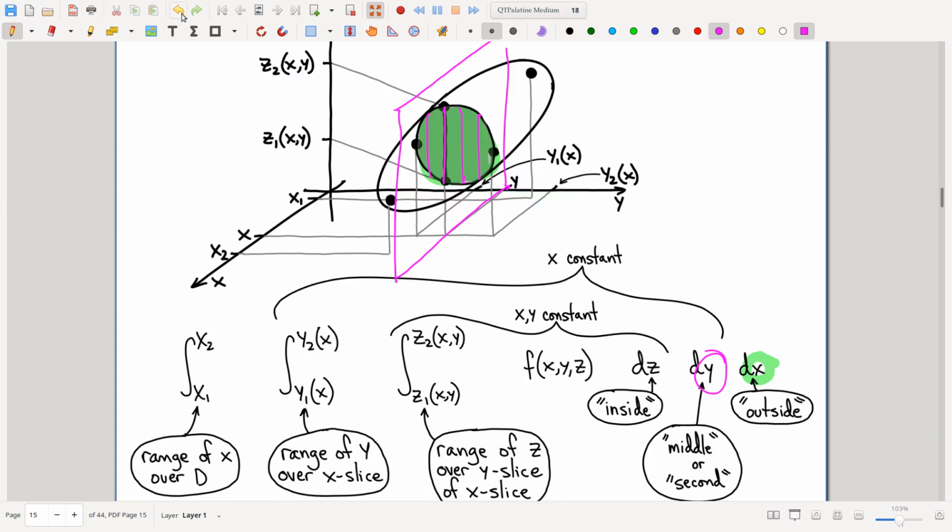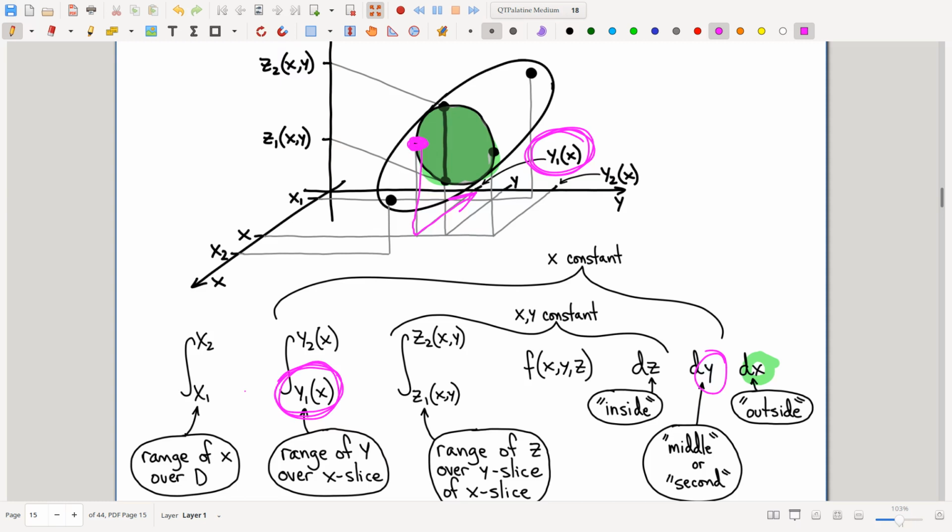So with that noted, the first slice is going to be there. There will be some corresponding y coordinate. That's going to be our lower bound. And now notice, and this is really important, back up to our little generic picture here, where that bound is comes from where that point is, and its location depends on which x slice we're looking at.